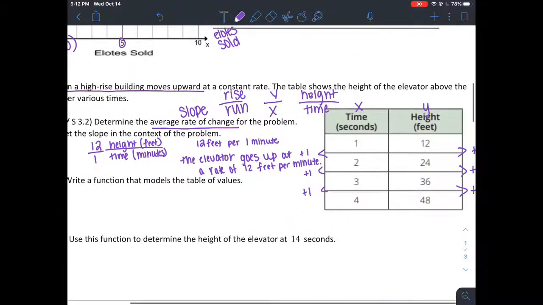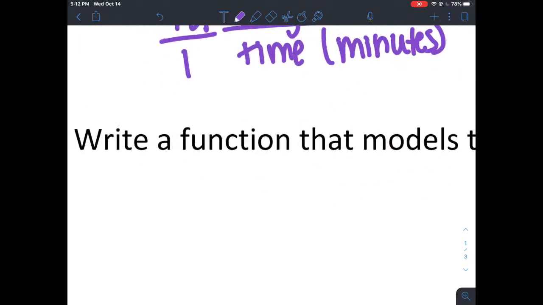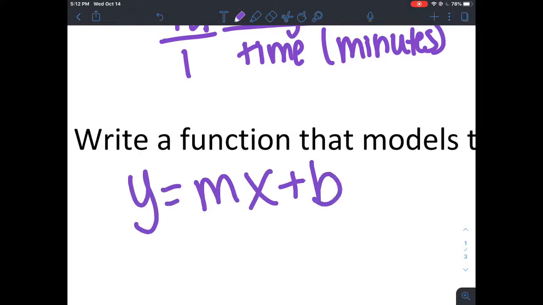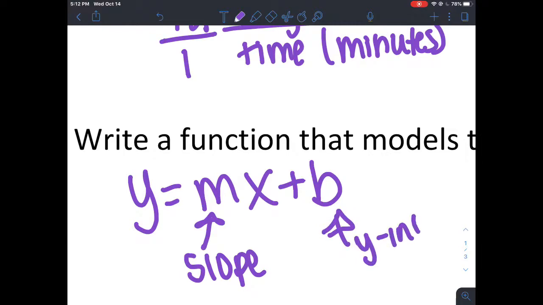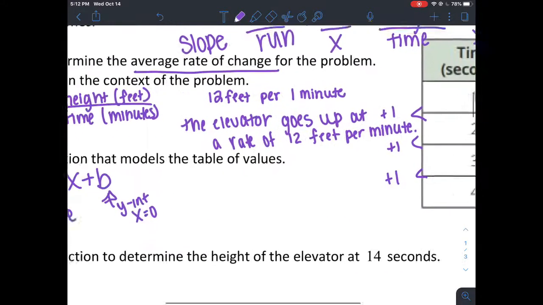Okay, and then write a function that models the table of values. So function, remember, y equals mx plus b. So we need to figure out our slope and our y-intercept, which is when x equals 0.